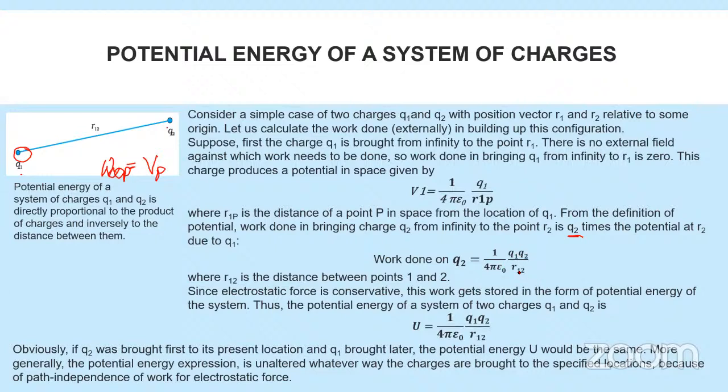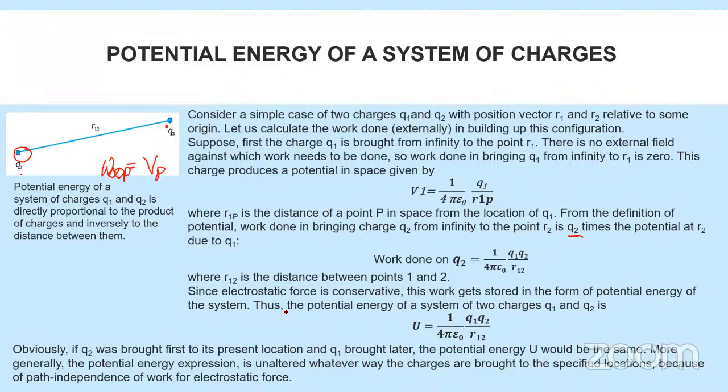R12 is the distance between Q1 and the point where we are bringing the charge Q2, so R12 is the distance between points 1 and 2. Now we know that electrostatic force is conservative in nature, so the work done is not lost, but it gets stored in the form of potential energy of the system.